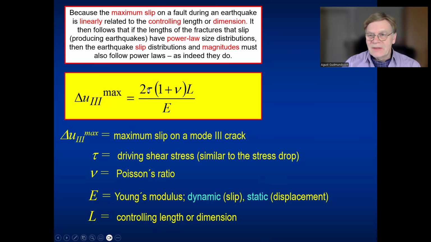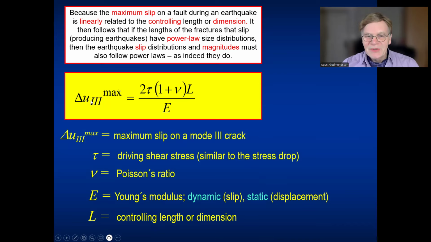And tau is the shear stress that drives the fault displacement, the driving shear stress. And then these are the elastic constants, Poisson's ratio and Young's modulus. But the main point here is delta U, the displacement, the slip in an individual earthquake has a linear relationship with the dimension of the fracture.